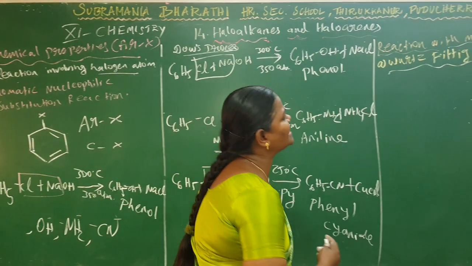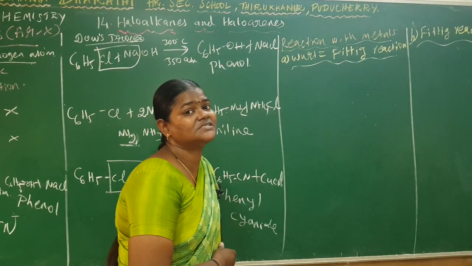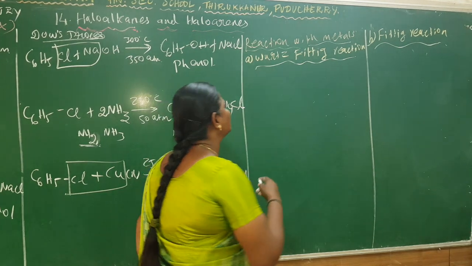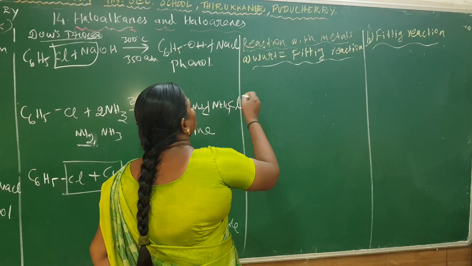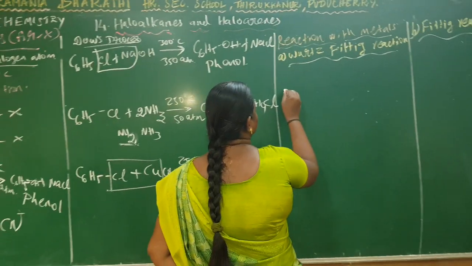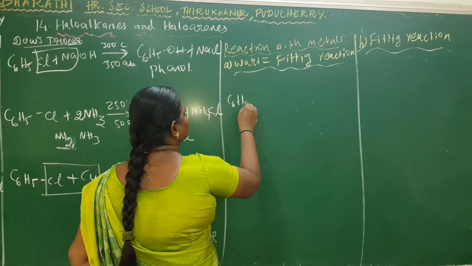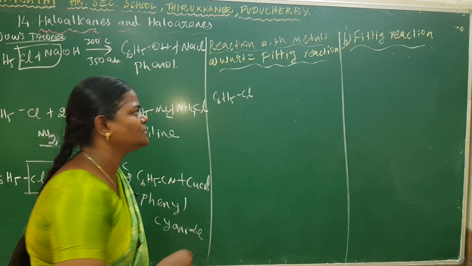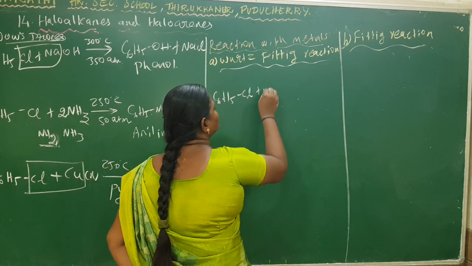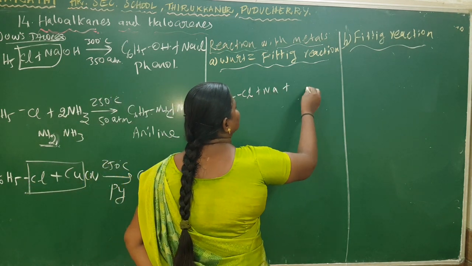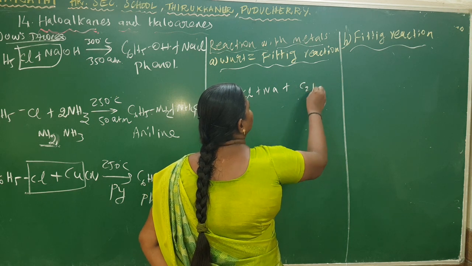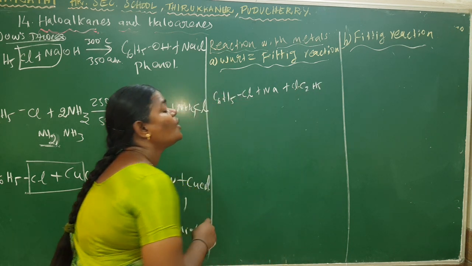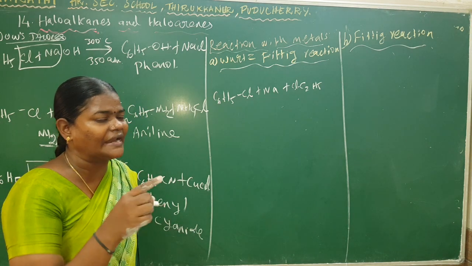Next, the reactions of haloarenes with metals. We take two reactions: C6H5Cl, chlorobenzene, reacts with sodium metal, and similarly C2H5Cl, ethyl chloride. One is an alkyl chloride and one is an aryl chloride.